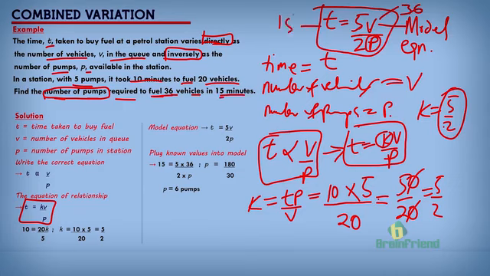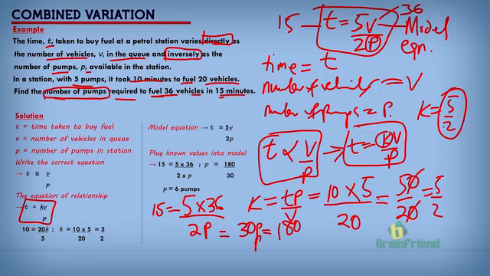T is 15. Let's impute that value, where 15 is equal to 5 times V, which is 36, all over 2P. Of course, if we carry out our inverse operations, we'll have 30P is equal to 5 times 36, which is 180.